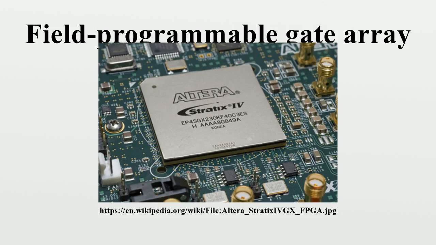FPGAs originally began as competitors to CPLDs and competed in a similar space, that of glue logic for PCBs. As their size, capabilities, and speed increased, they began to take over larger and larger functions to the point where some are now marketed as full systems on chips, particularly with the introduction of dedicated multipliers into FPGA architectures in the late 1990s.